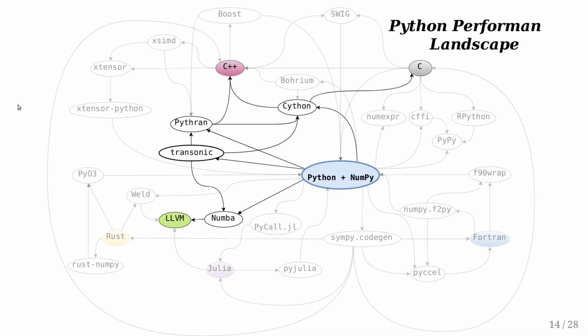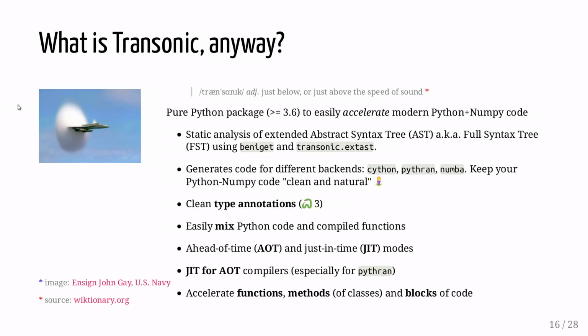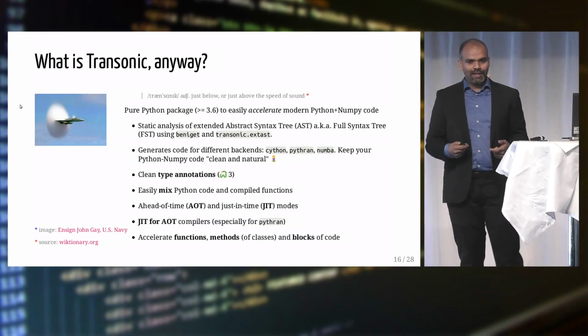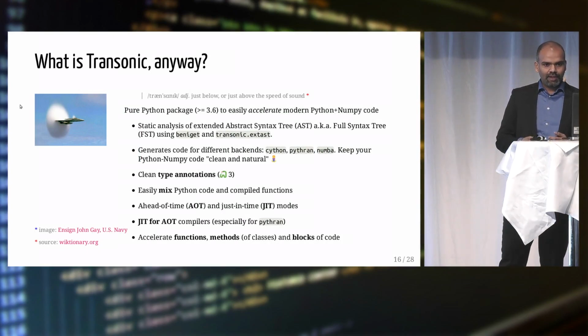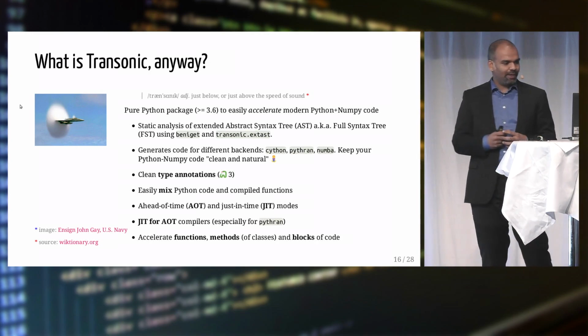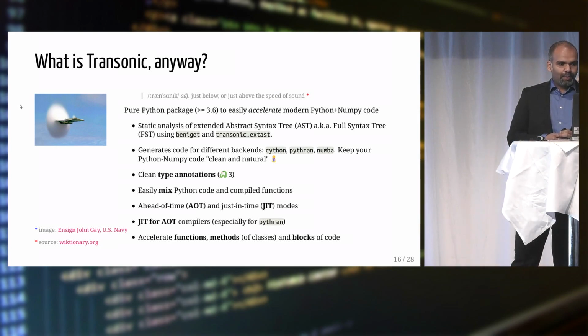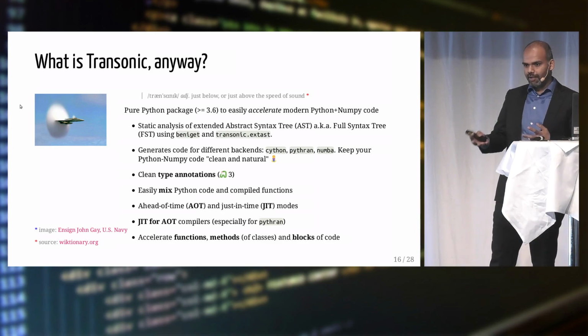So, which begs the question, what is Transonic all about? Transonic is a word play because of our fluid mechanics background. It means that you are really close to the speed of sound, and the speed of sound is an analogy for the C-like speed. It's a pure Python package. What it does is it analyzes the Python code in the form of an abstract syntax tree.